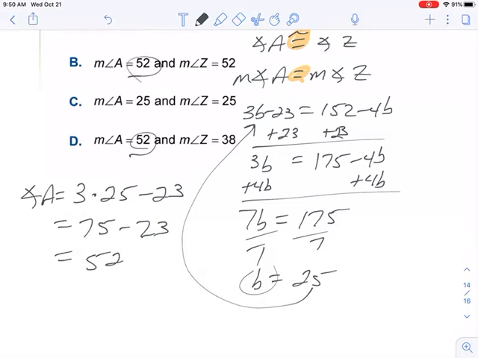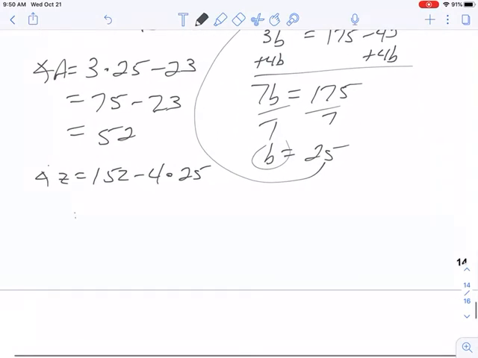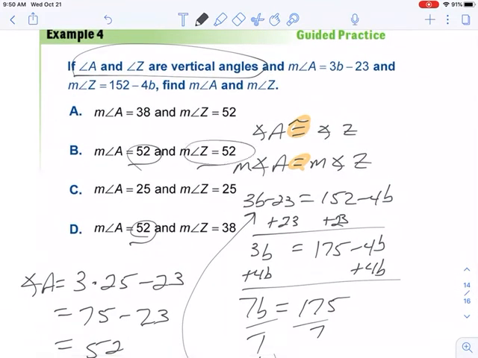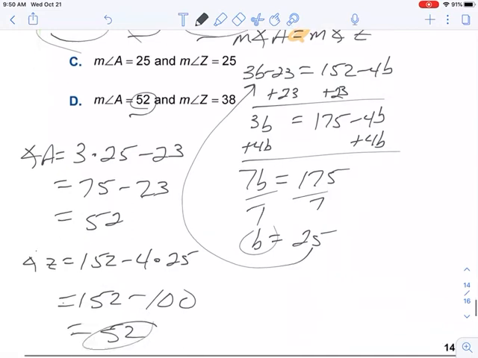Now we got to figure out which one is Z. Angle Z is 152 minus 4 times 25. 4 quarters is a buck. 152 minus 100 pennies. Not equals, minus there. Sorry, let me fix this right there. I don't have 2 equal signs. 152 minus 100 is 52. 52, 52, 52, 52. B, yay.